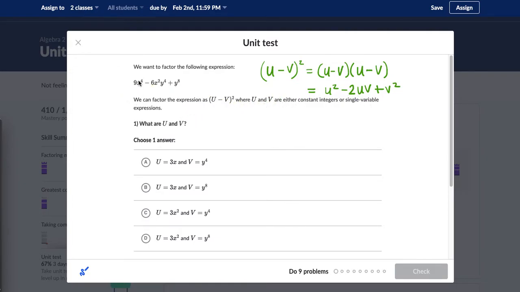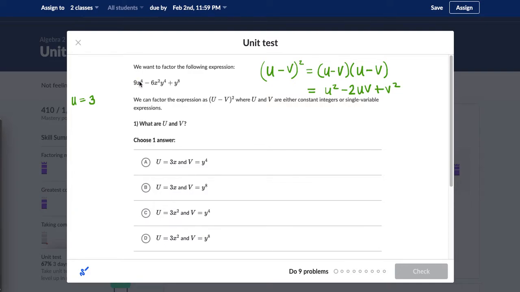All we have to do is take the positive, the primary, square root of the first term and we get u. The square root of 9 is 3, the positive square root, and the square root of x to the fourth is x squared. So u is equal to 3x squared, because if we square 3x squared, we get 9x to the fourth. Then we look at the other end, y to the eighth, and we get v.